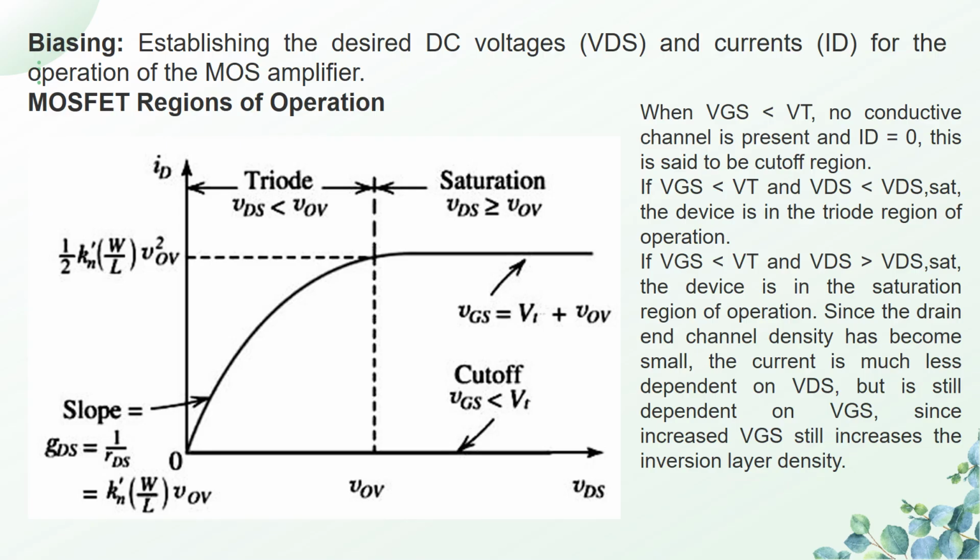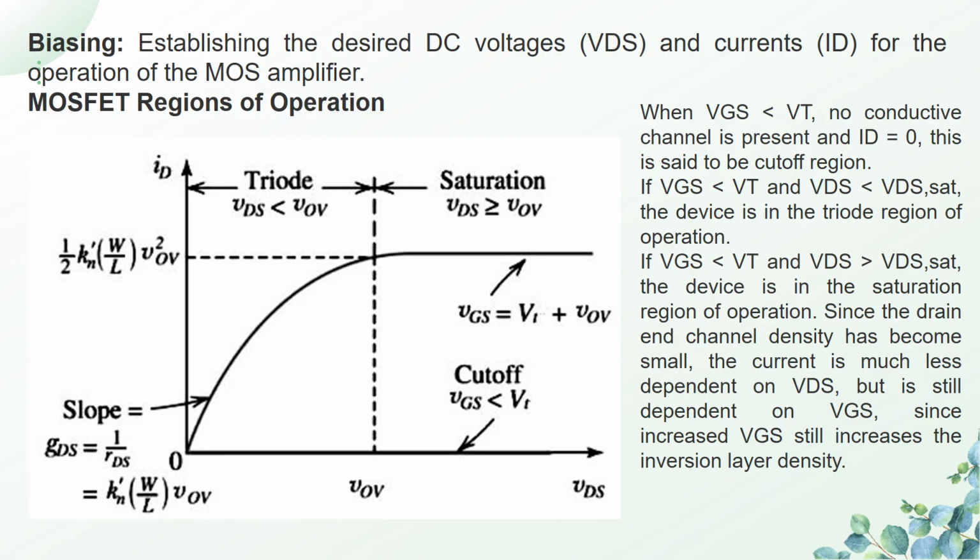This is the region when VGS voltage is less than VT voltage, and at this condition there is no conductive channel present between the source and drain terminals, and therefore the resultant current ID is equal to 0. And since there is no current, the device does not conduct, and this condition is said to be cutoff region.